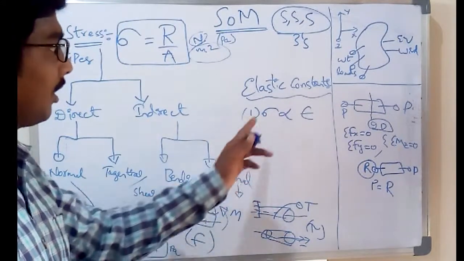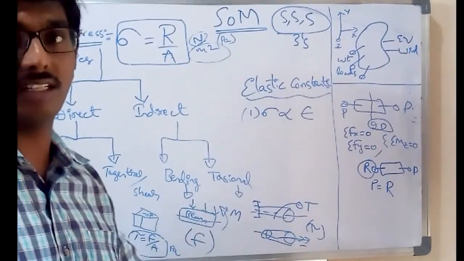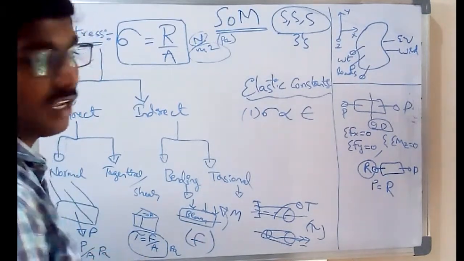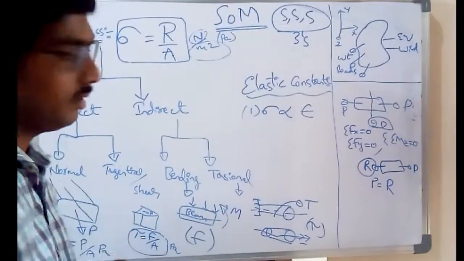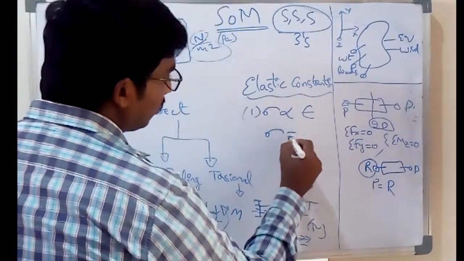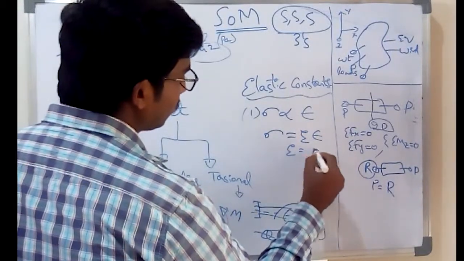Because while testing mild steel, we keep it in the universal testing machine and get a graph where stress is proportional to strain up to the proportionality limit. So here stress equals a constant E times strain. Therefore, E equals stress by strain.